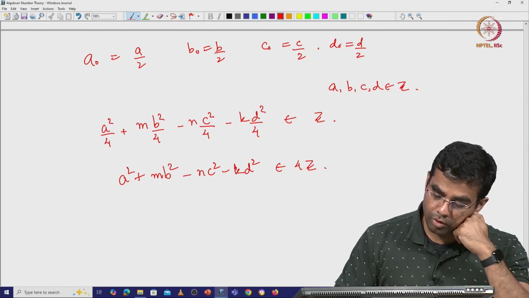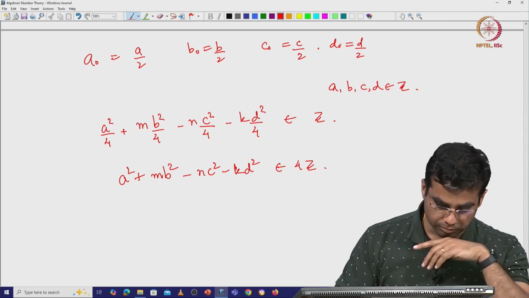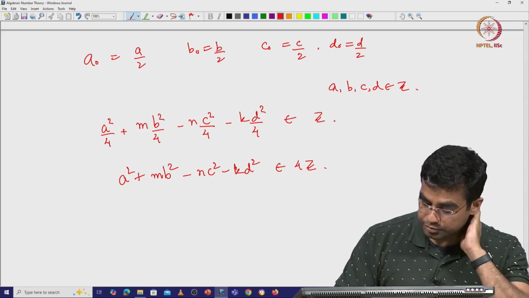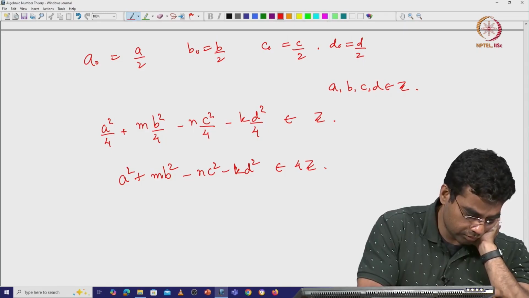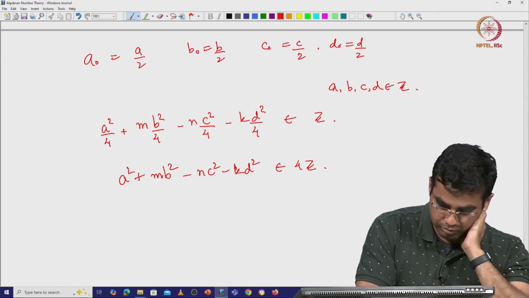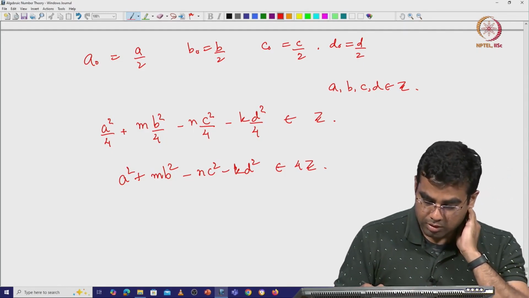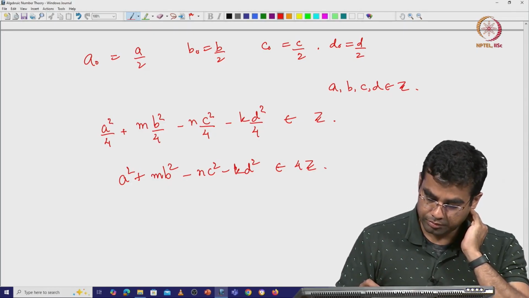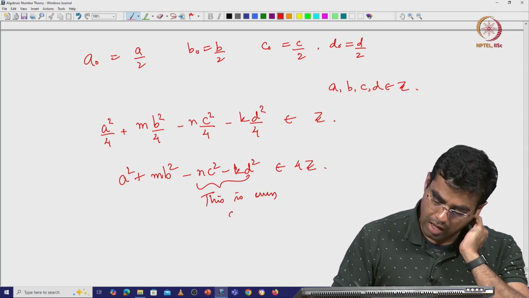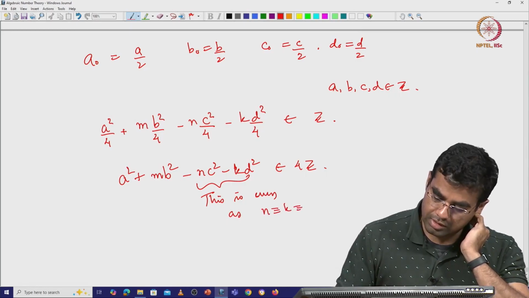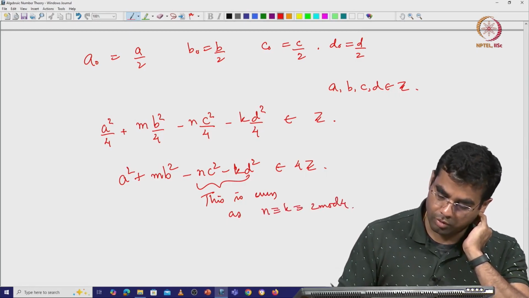So, modulo 4, this should be 0, right. So, mod 4, yeah, and I know that this is even, as n is congruent to k is congruent to 2 mod 4, right.